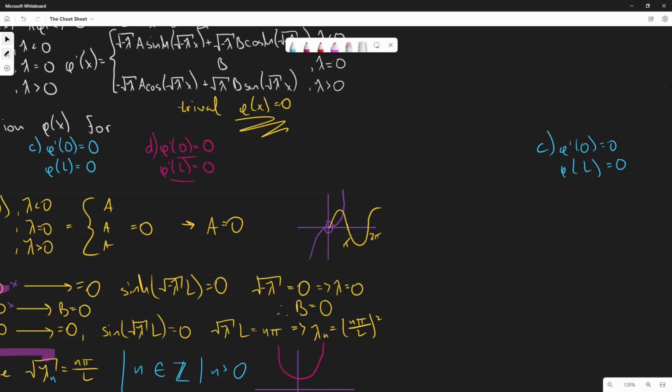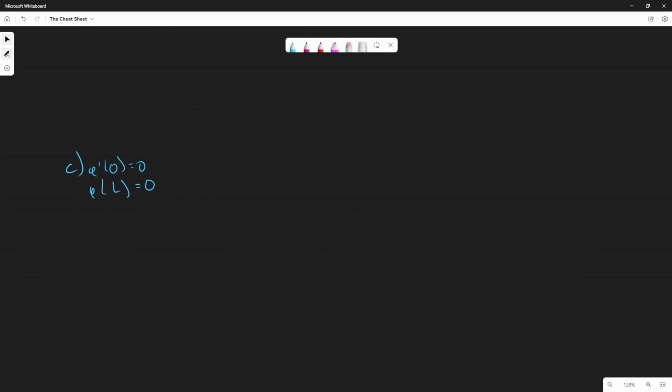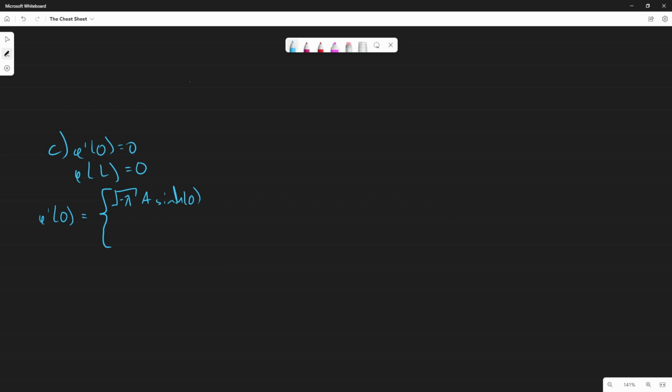So plugging in, what we end up getting for phase prime of 0 is the square root of negative lambda times a multiplied by hyperbolic sine of 0 plus the square root of negative lambda b times hyperbolic cosine of 0.